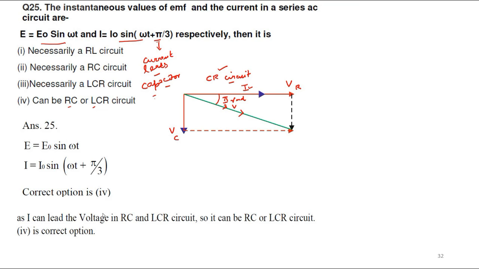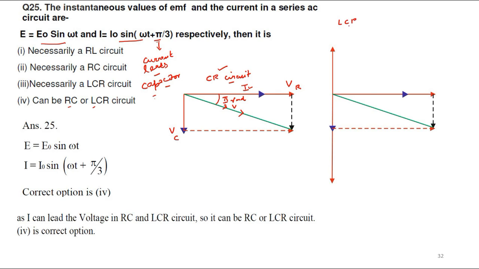Not only that, if it is an LCR series circuit, this is the phasor diagram for LCR, of course a series circuit. Here this is the category of XC greater than XL. That is important. This is the current, this is the voltage across the resistor, all RMS values.